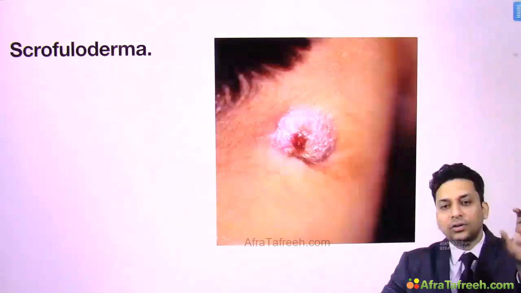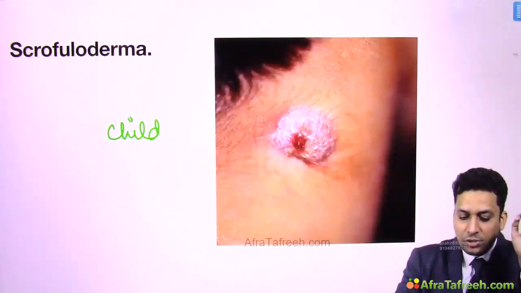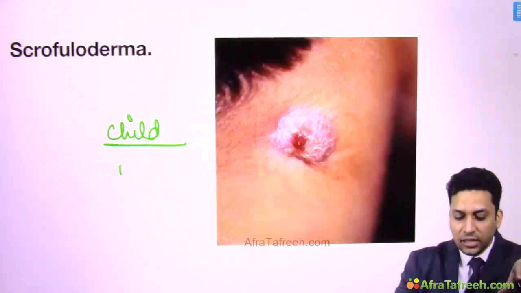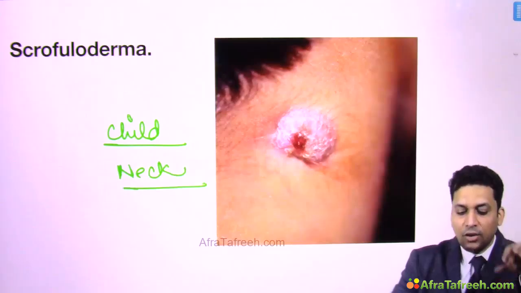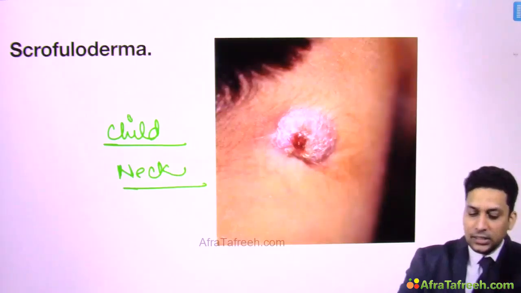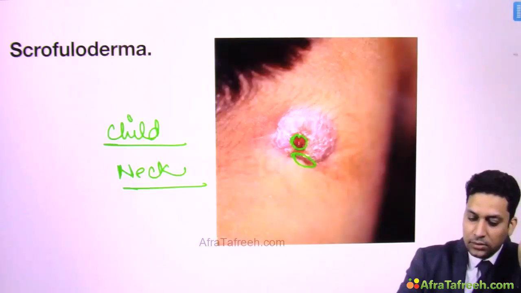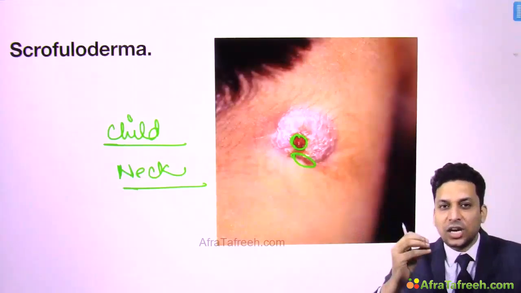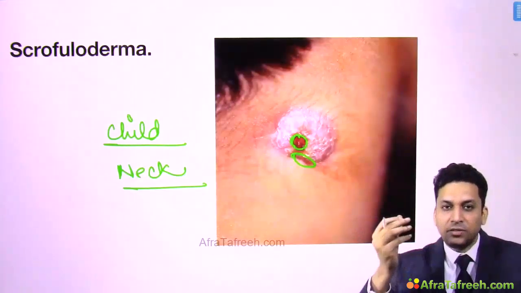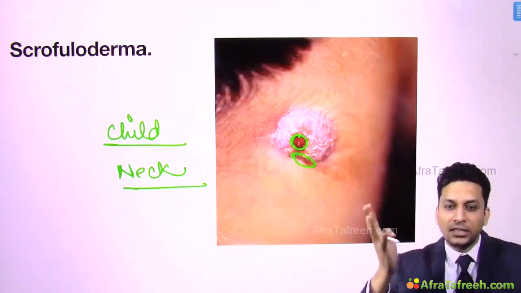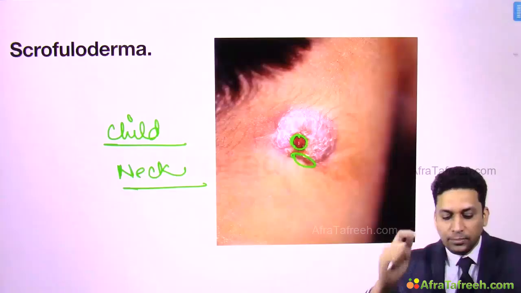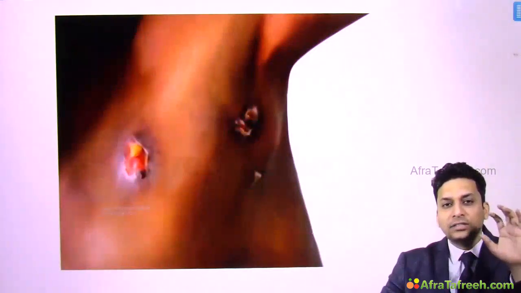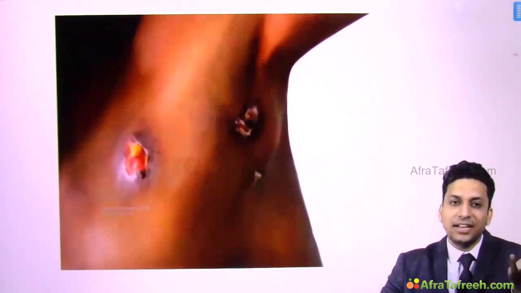Then scrofuloderma, I told you, is commonly seen in children. So whenever a question comes, there will be a child, and the most common group of lymph nodes involved is cervical. They are showing you the neck area, and over the neck you will get sinus tract formation. If you get multiple sinuses with discharge over the neck area which persist for a long duration, and if you palpate you get these lymph nodes, then probably this is scrofuloderma. Again, in scrofuloderma the most common lymph node is cervical, but other areas can also get involved.